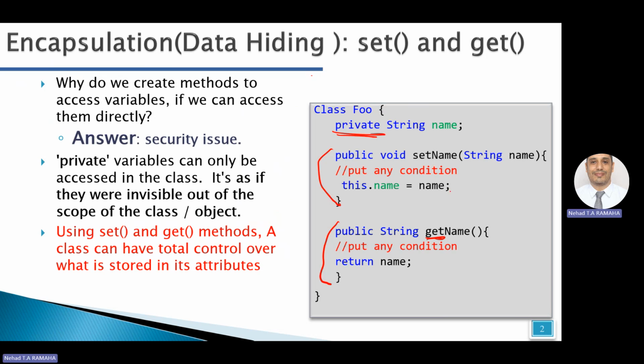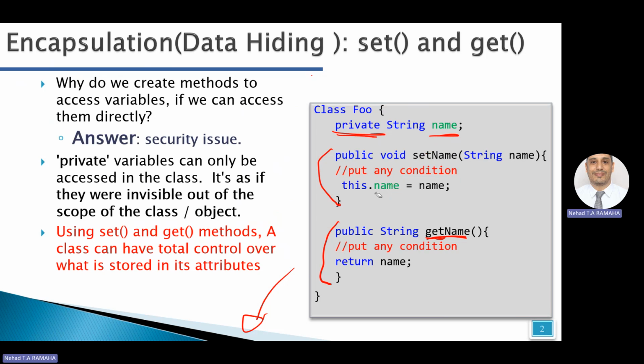But if you have only get and you don't have set, for example, this means this name is only readable from outside. Any other class outside can read the data using get name, but cannot write or change the data.